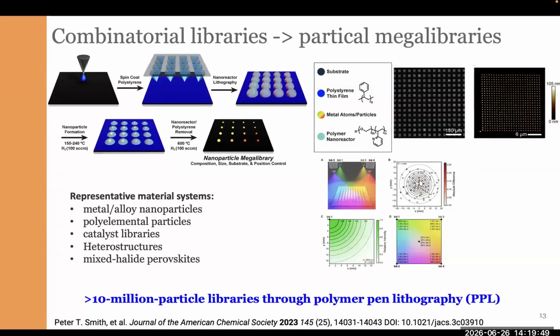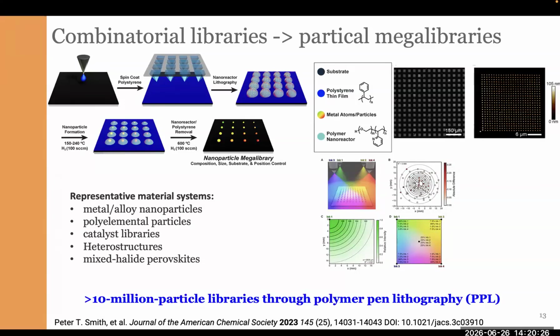Additionally, the same group developed a method called partial mega libraries. The idea is that we substitute the single probe with a multi-probe system, which allows us to create mega libraries, so a tremendous amount of nanoparticles. And what is important here is that we have spatial encoding inside. So this is the same idea as in combinatorial libraries.